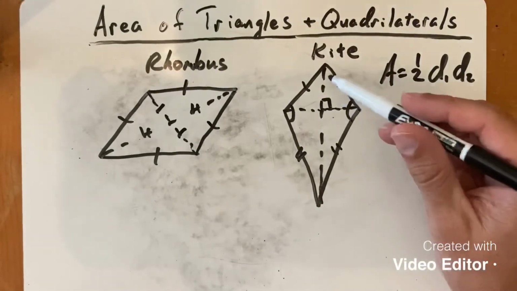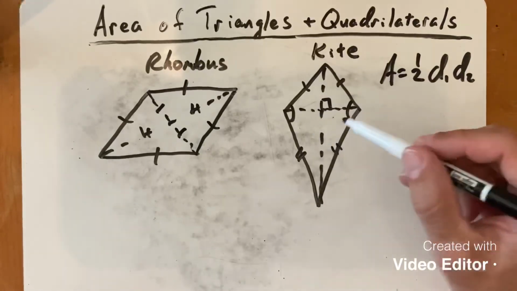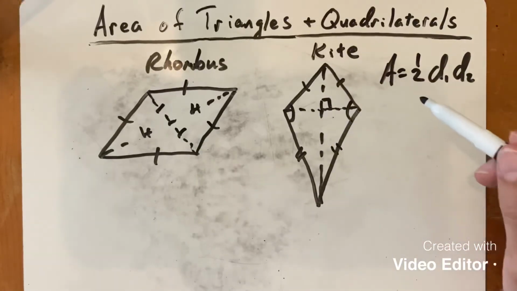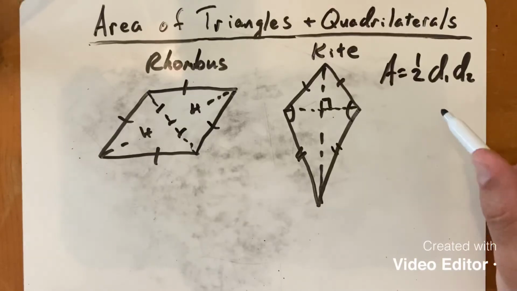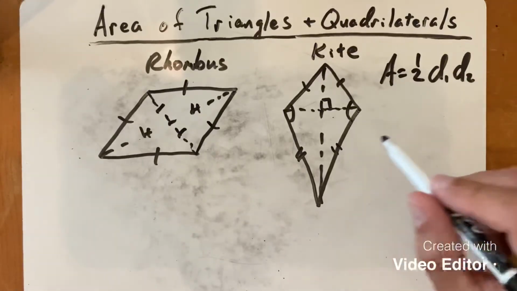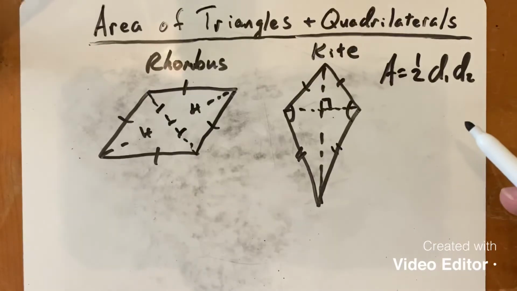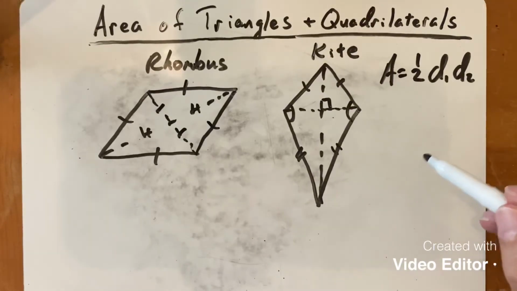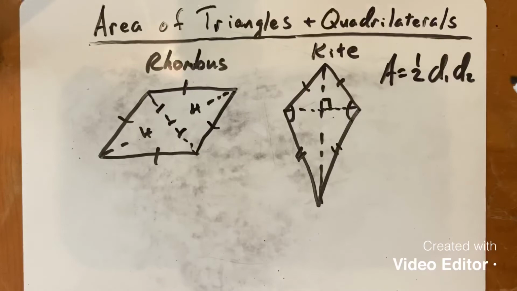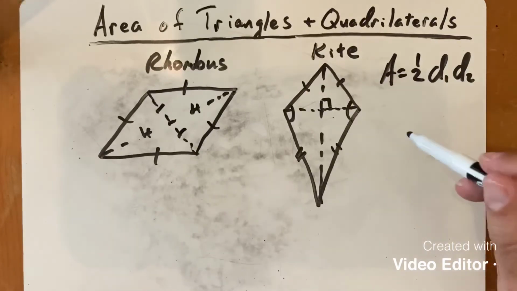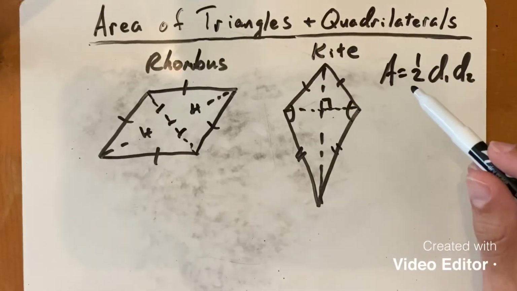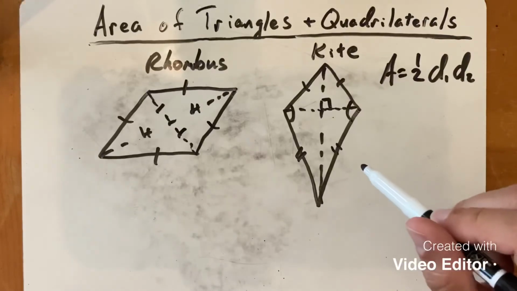Once you determine the length of each diagonal, multiply them together, and then either multiply by 1/2 or divide by 2. If you want, go to the PowerPoint under section 10.1, where there are a couple of examples on how to find the area of each of these quadrilaterals and of triangles as well, that you can review.